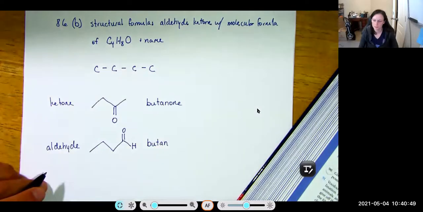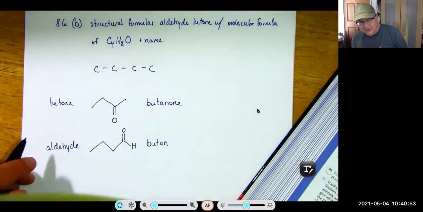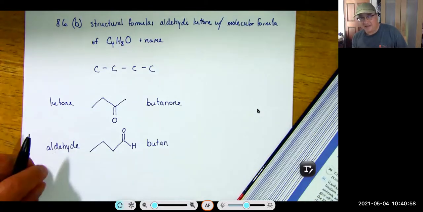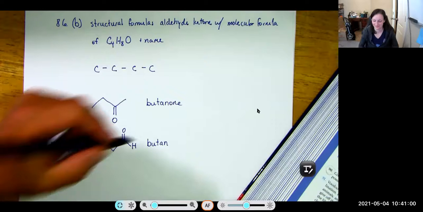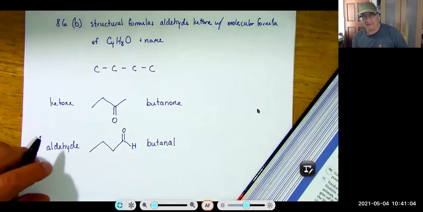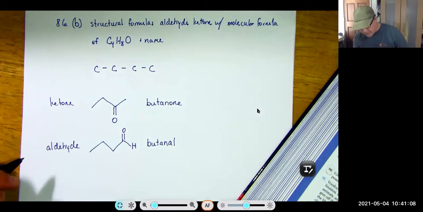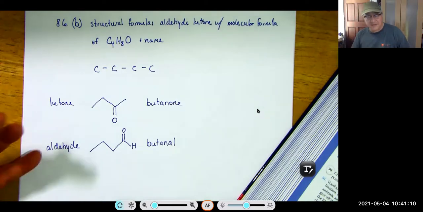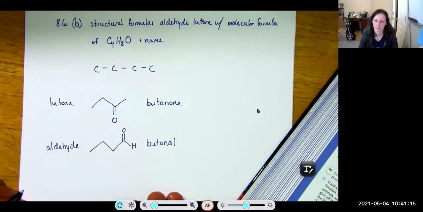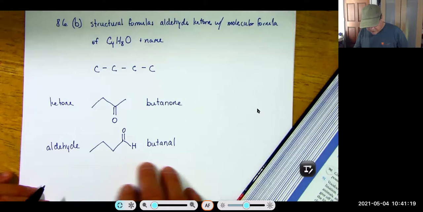I want you, if you're from the East Coast, to get kind of nasally and say butanal. It's butanal. And we don't have to tell people it's on carbon 1 because it has to be on carbon 1. Okay.